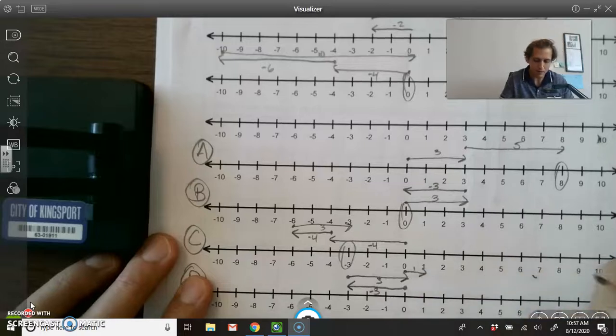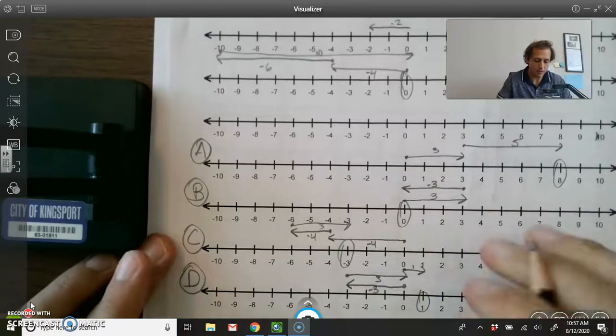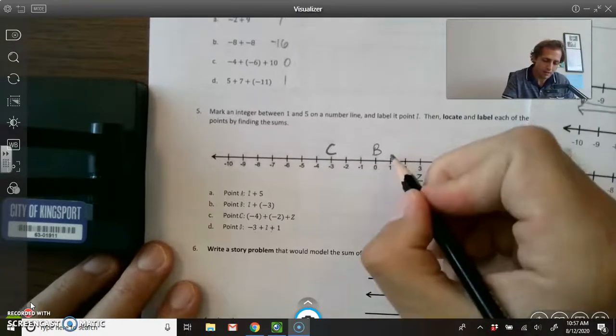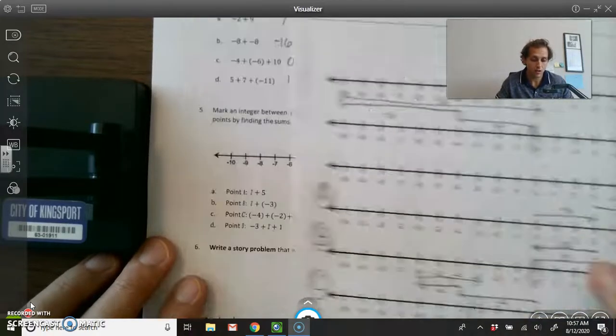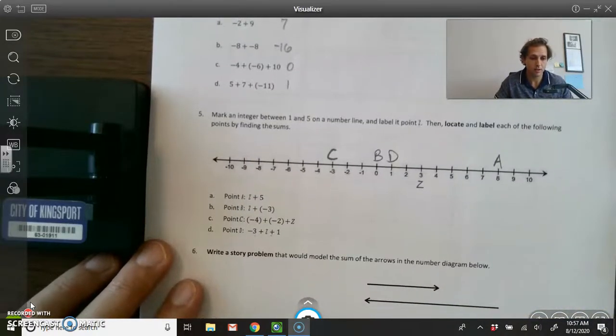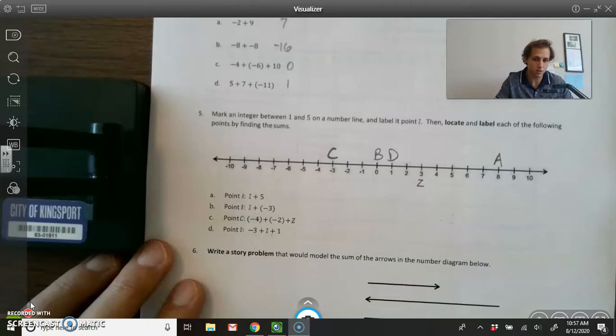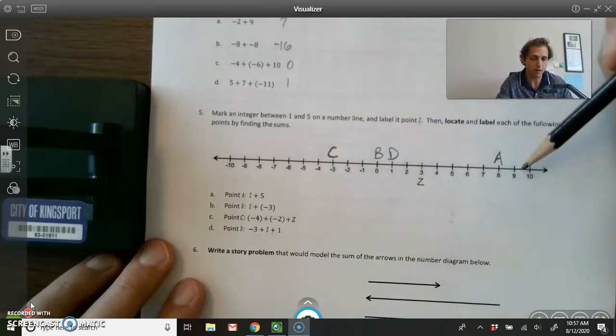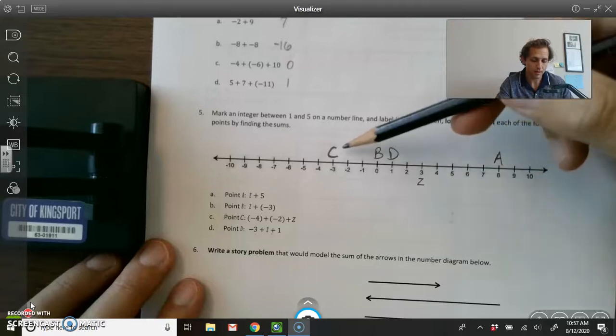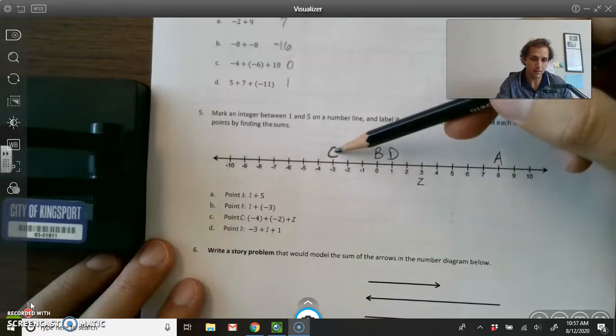Now, obviously, if you assigned a different value to Z, your points are going to be at a different location. What is true is that they should all be the same relative to one another. C should be all the way to the left.